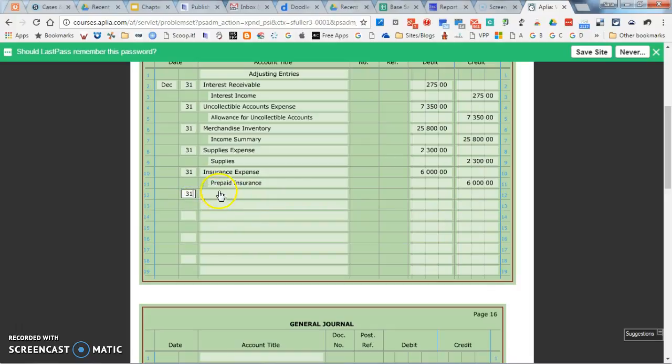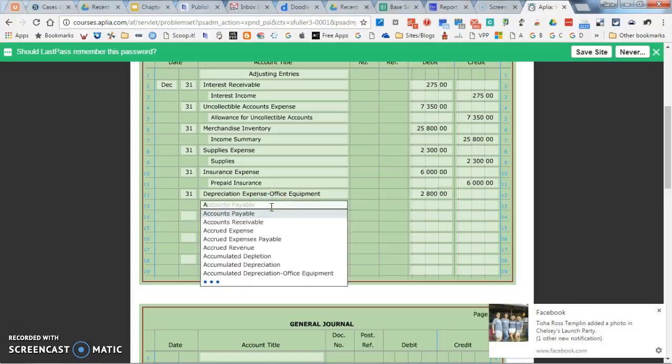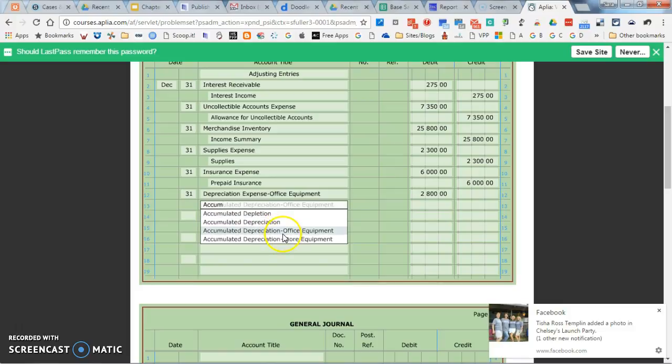Next line, 31st. Depreciation expense, office equipment. And it's a debit of $2,800. Next line is accumulated depreciation, office equipment, credit of $2,800.